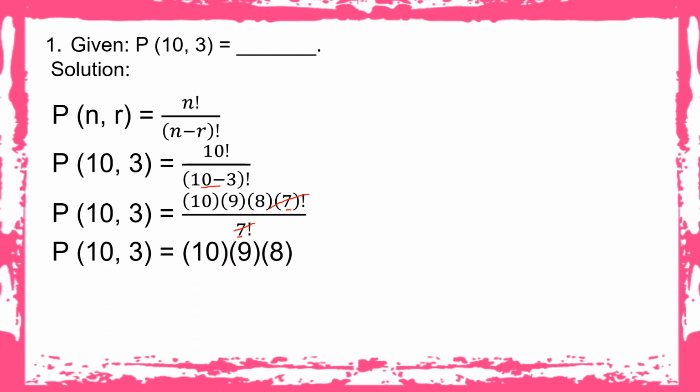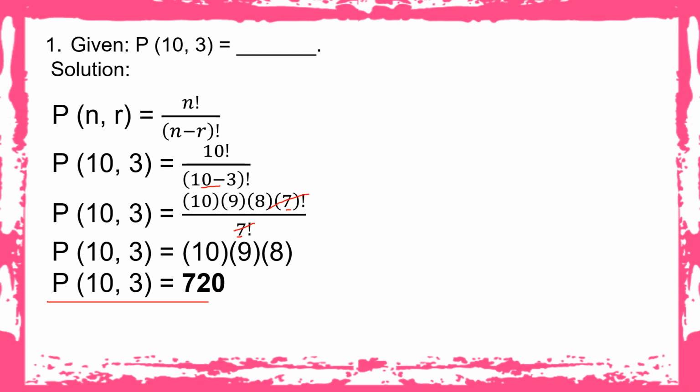So we can now only have 10 times 9 times 8. So what is your answer? Correct. So the answer is permutation of 10 and 3 is equal to 720.